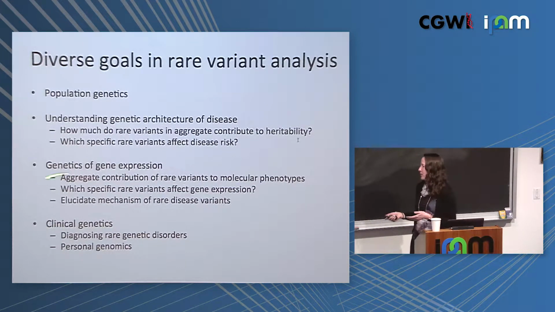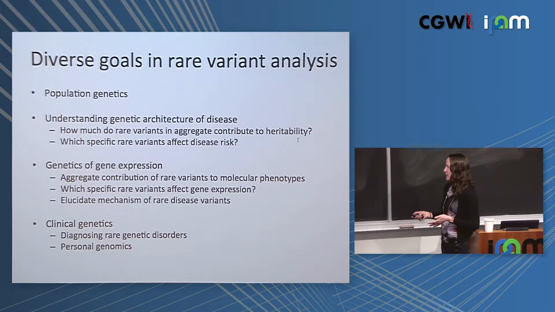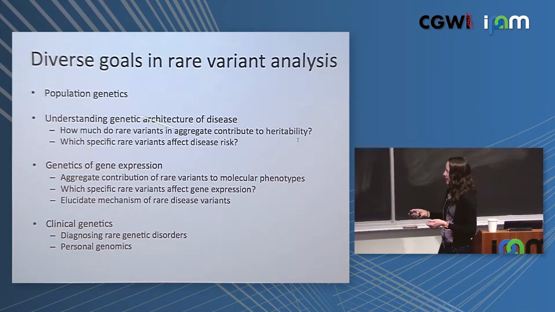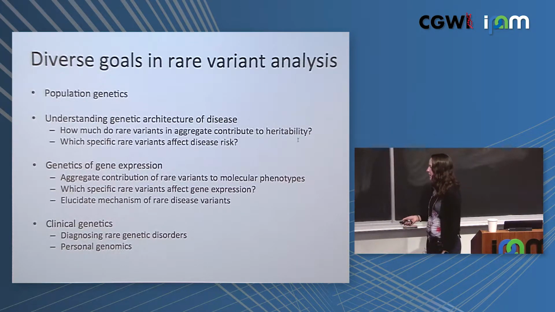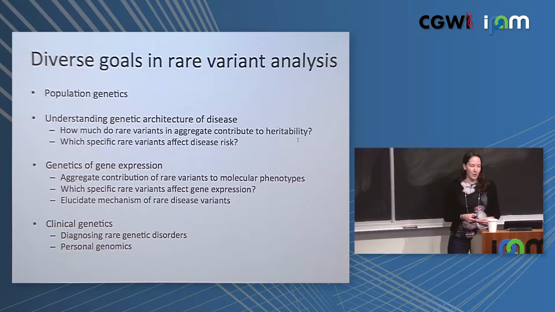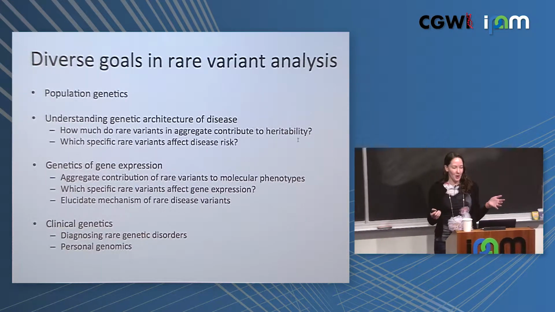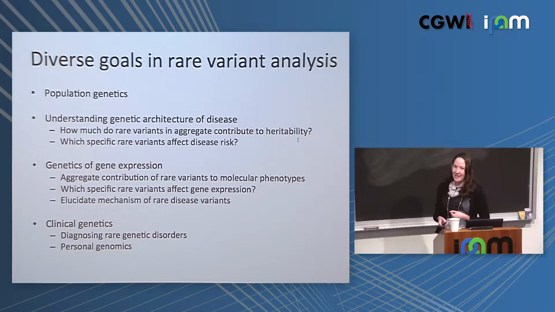And also, of course, which are the specific rare variants that can affect gene expression. And if we identify particular rare variants that affect disease risk, this type of analysis can potentially help us understand the mechanisms through which a rare variant affects disease. And finally, of course, if we want to move towards the full beauty of personal genomics, at some point we're going to have to be able to say something about these 50,000 variants per person that we get.